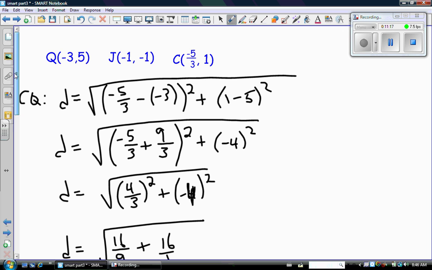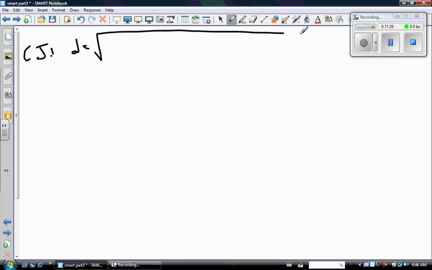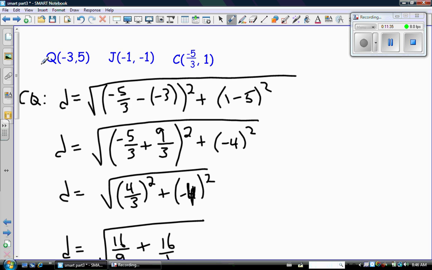Now I need to find CJ. So let's find CJ. And again, distance formula. So x2 minus x1, have to remember what the points are.